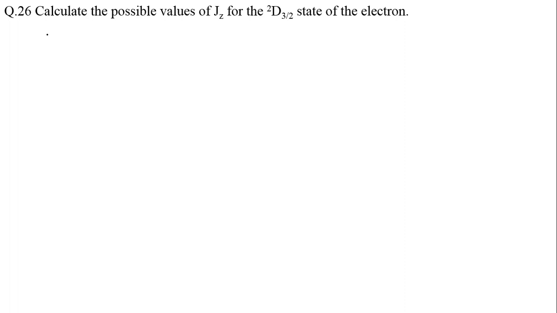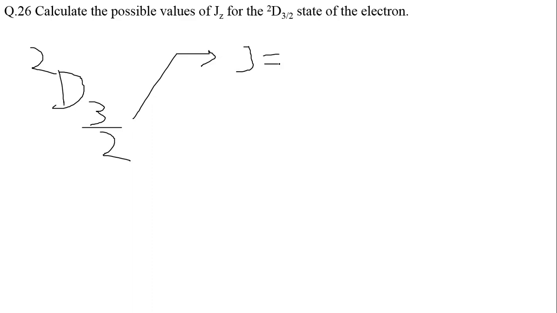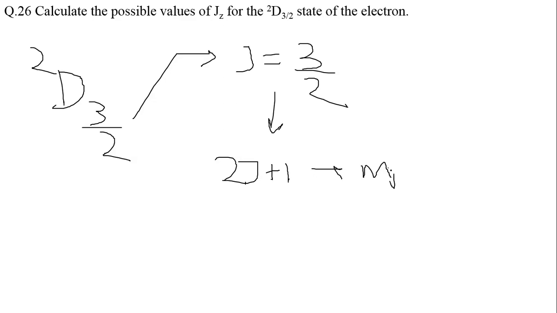The question is, calculate the possible values of Jz for the 2d 3 by 2 state of the electron. From the state, it is given 2d 3 by 2. From this notation we can easily say that j is 3 by 2, and we know that for one j we have 2j plus 1 mj values.